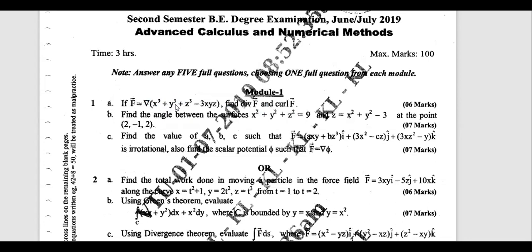So del operating on any scalar is of the form del phi, no? What is the del phi definition? See, solved example. Dou phi by dou x i plus dou phi by dou y j plus dou phi by dou z k.